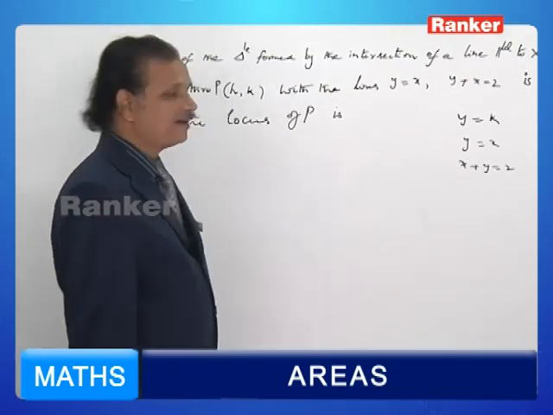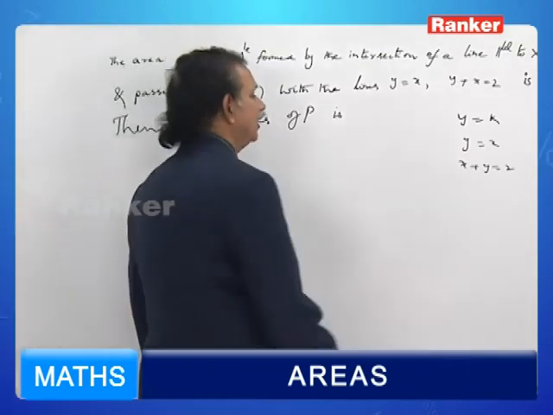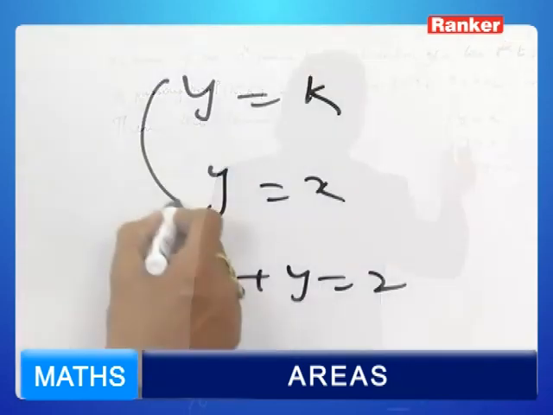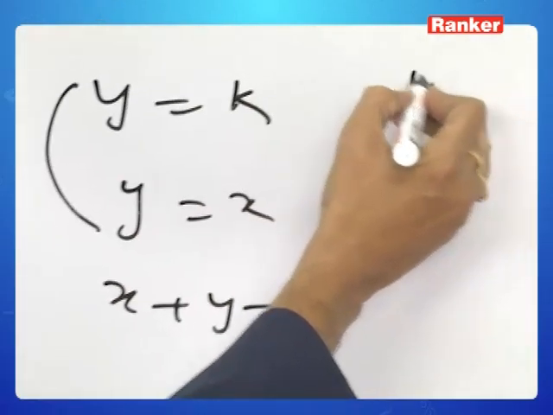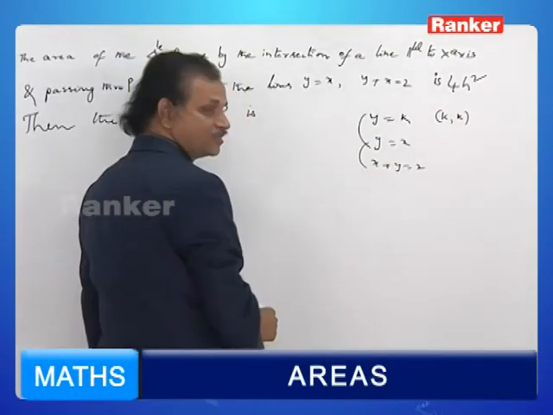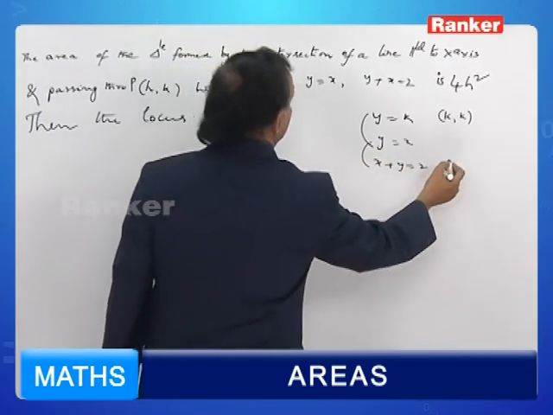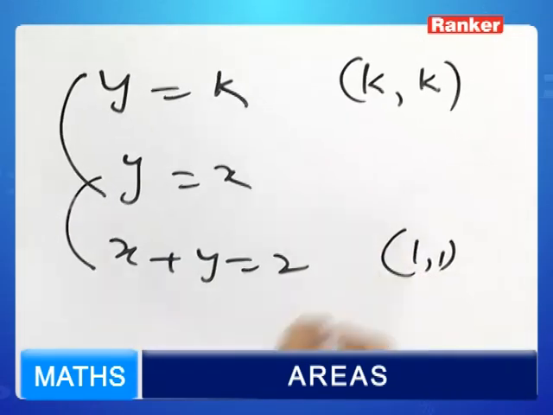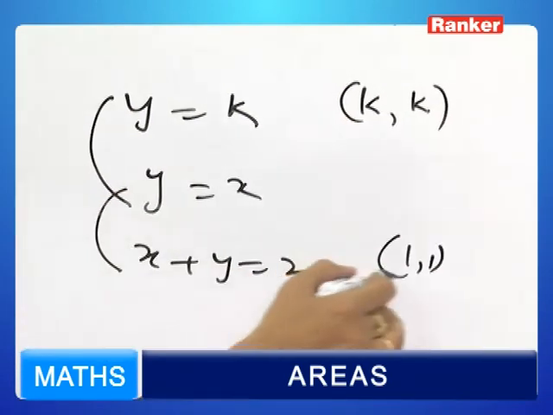How to get the area? Let us first of all find the vertices of the triangle. These two meet at (k, k). These two meet at, in the place of y, x plus x, 2x is equal to 2, at (1, 1).